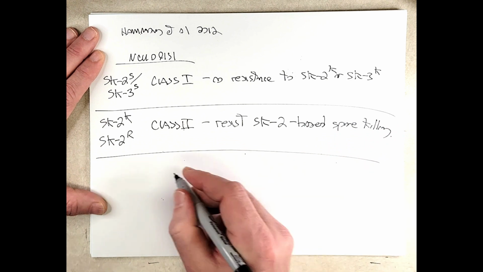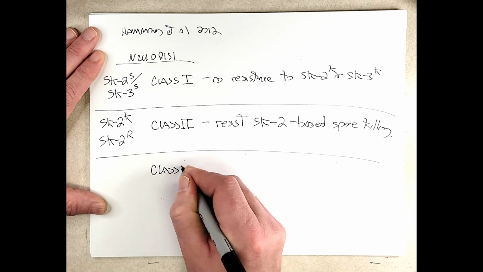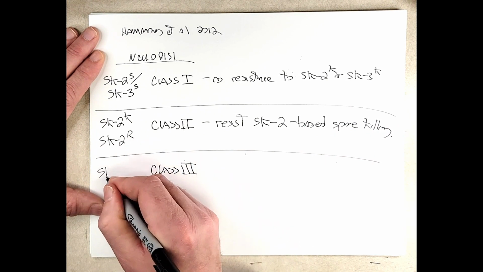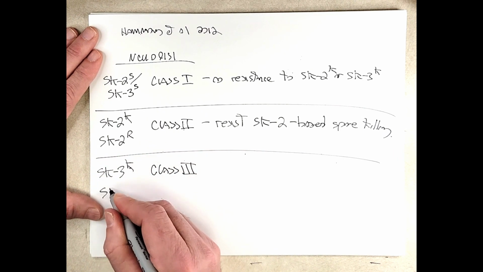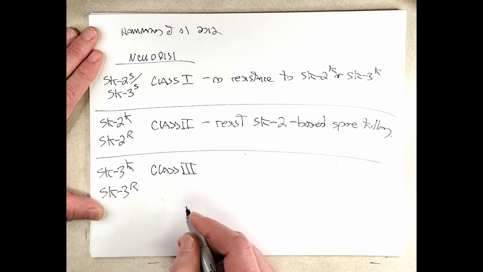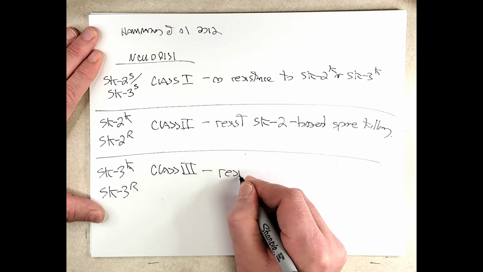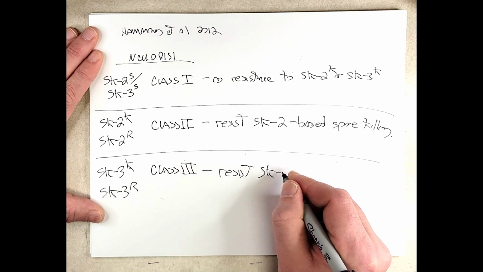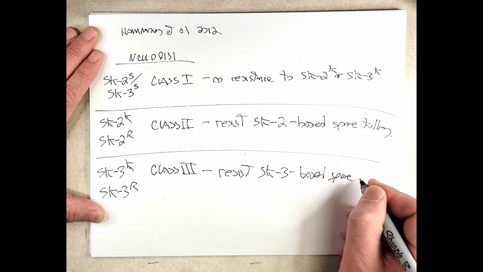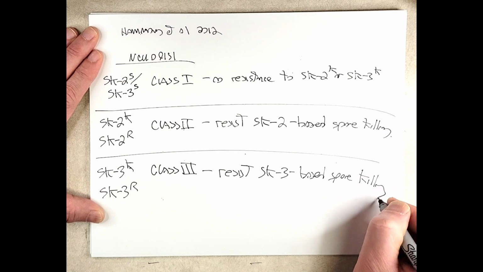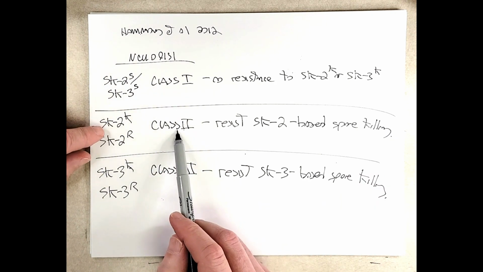And the final class is class 3. The class 3 alleles are found in the SK3K genotypes and the SK3R genotypes. Now these resist SK3 based spore killing. And what makes an allele a class 1 or a class 2 or a class 3?